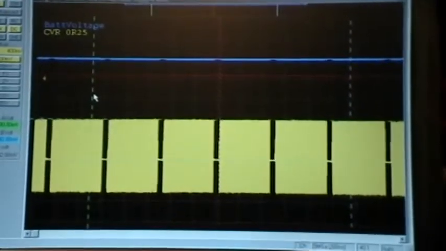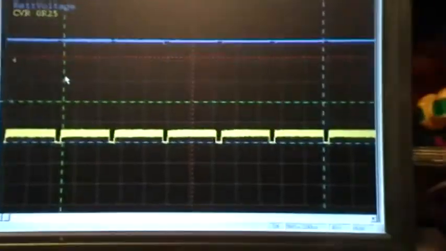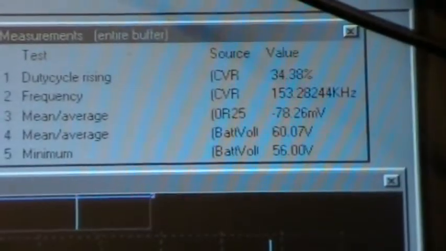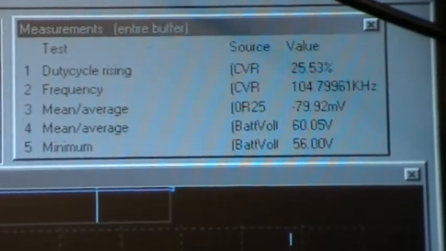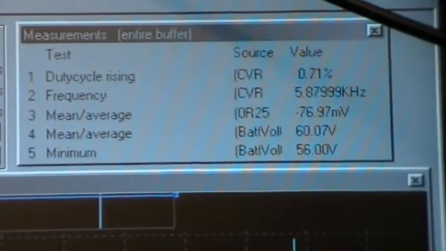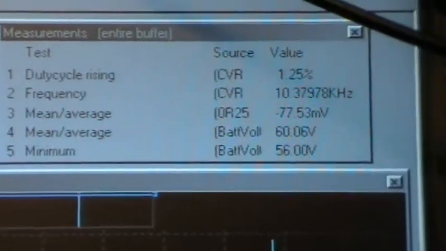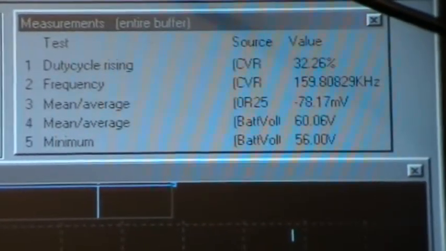Okay, so now I'm going to put the snubber circuit on the board. And that shows us some Q2 elevations with a little bit of oscillation there with the snubber on. Now take a look at that same mean average now: 77, 78, 79, 78, 81, 80.